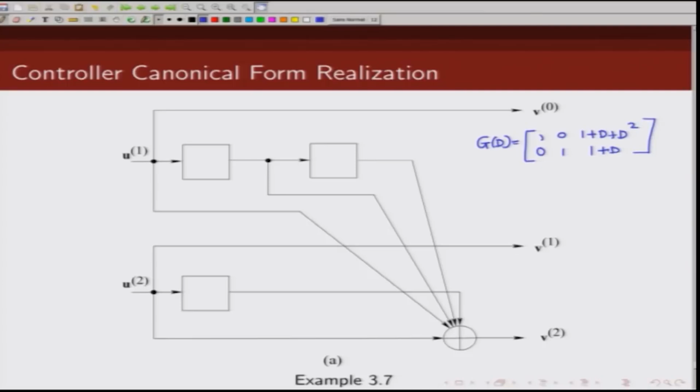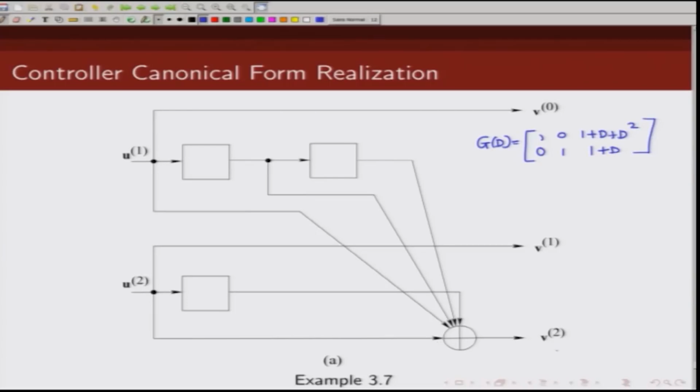Okay. Now, what is the first output? The first output is directly the input U1. So, this is my U1. The second output is directly U2. And the third output is 1 plus D square of U1. So, this is U1 of D, this is D times U1 of D, and this is D square of U1 of D, plus 1 plus D times U2 of D. So, 1 plus D meaning one term is U2 and the second is the delayed version of U2.